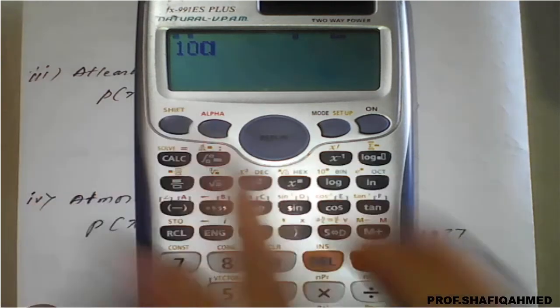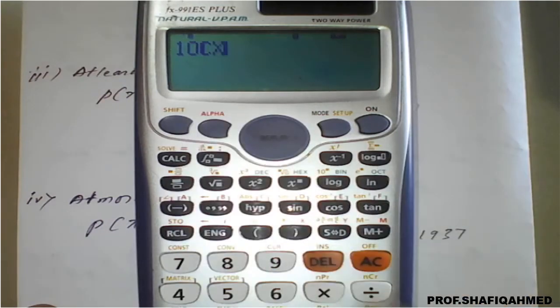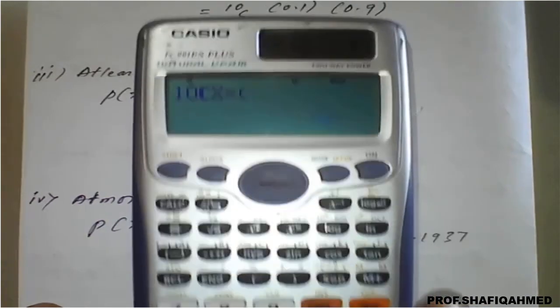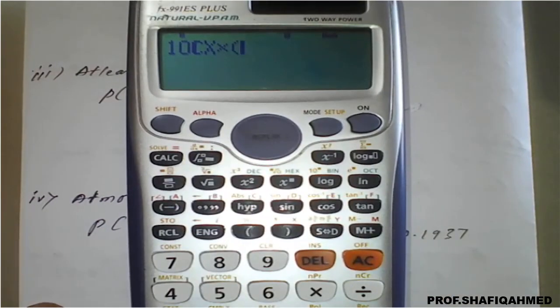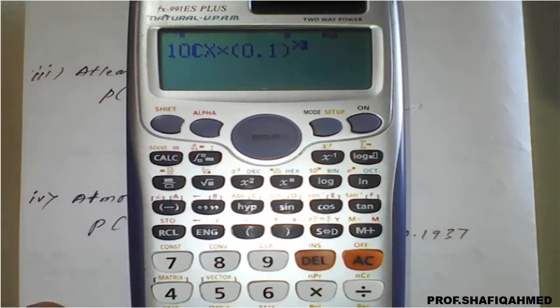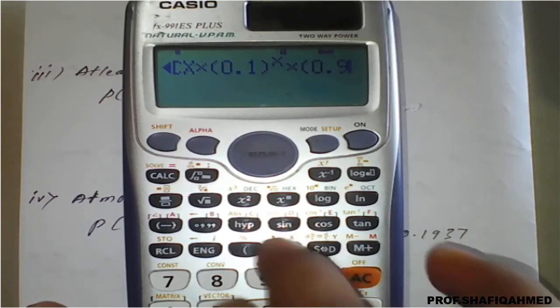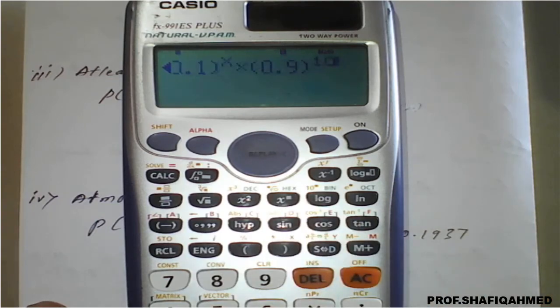We don't know x, so press shift alpha x, then the value of p is 0.1 raised to alpha x, apply the cursor correctly, into the value of q, that is 0.9 raised to 10 minus x.